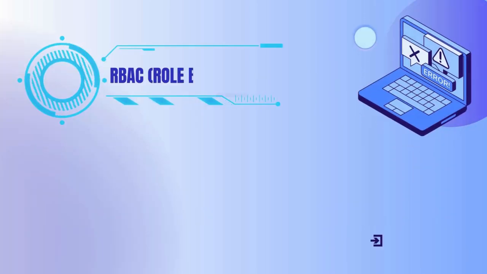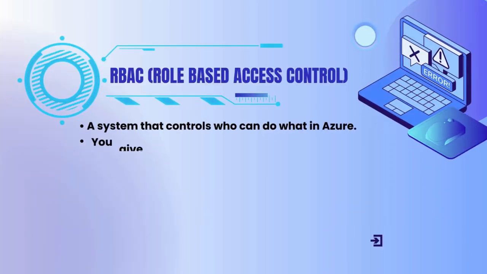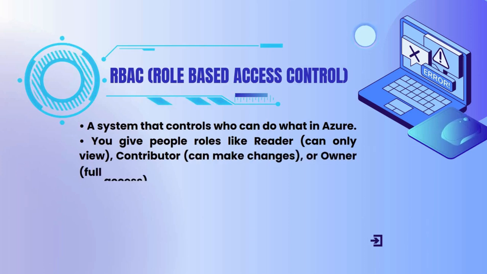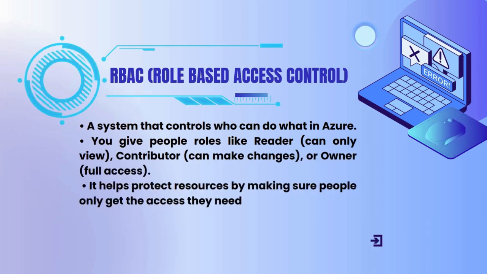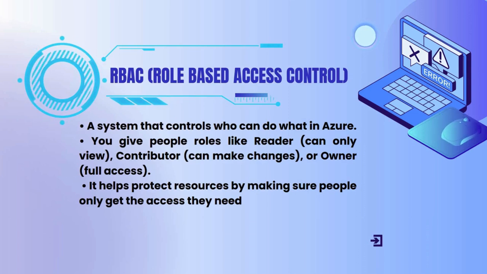RBAC, which we talked about earlier, is one of the components of Azure AD. RBAC is role-based access control. It means giving access based on a person's role. There are different roles in Azure, like reader, where we can only see resources. The contributor can make changes.